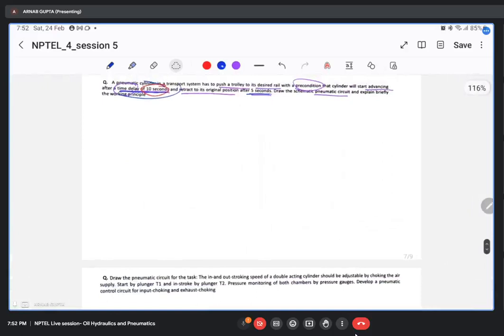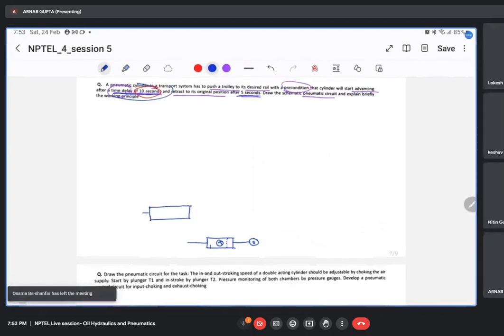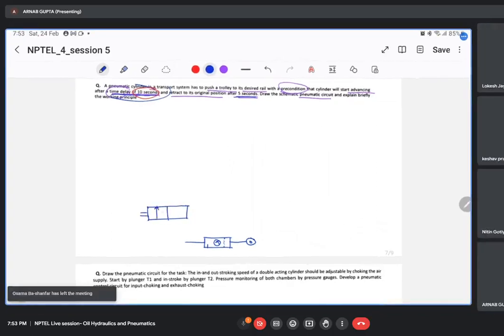I have to draw very small. So starting from the FRL unit and the power source, next it will come here.